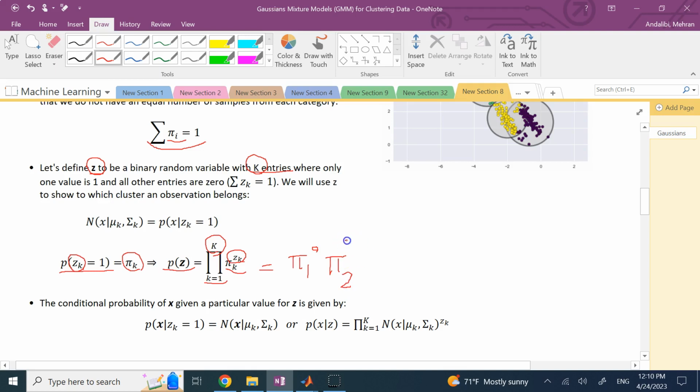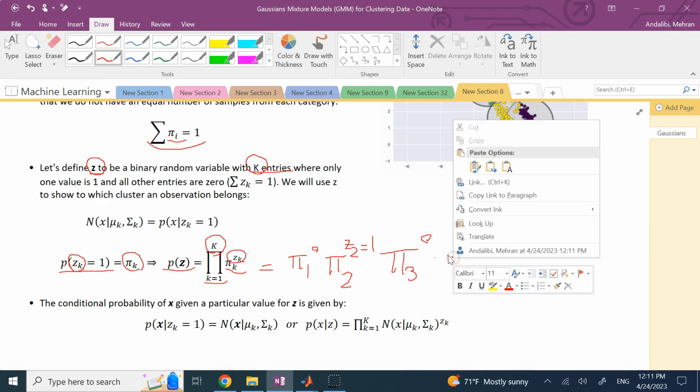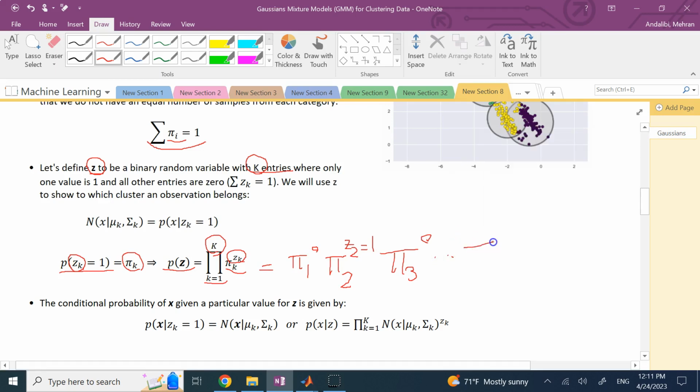To z2, but z2, the second entry, should be equal to 1, because that data belongs to cluster 2, times pi 3 to the power 0, all the way to pi capital K, again to the power 0. And you know all these power zeros are 1, so it simply is going to be pi 2, and that is exactly what we will have.